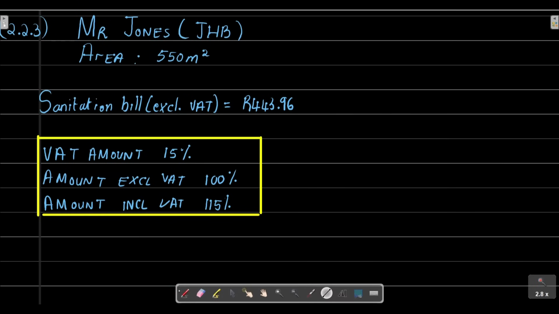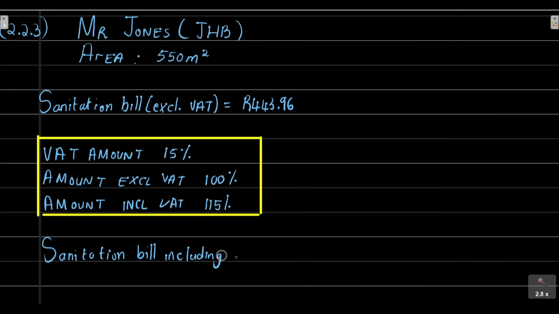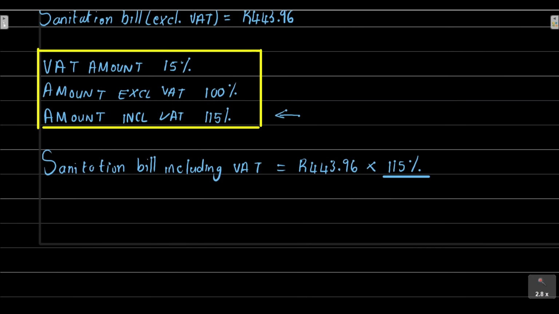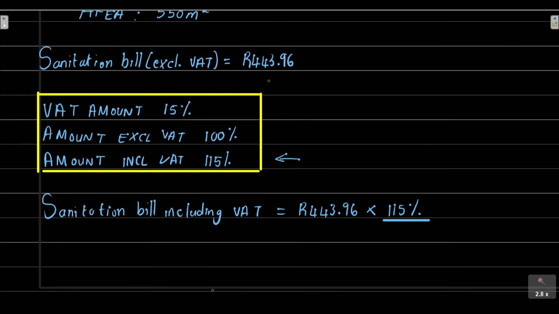Okay, so what do we do? Your sanitation bill including VAT will be 443 rand point 96 multiplied by what you want. You want your amount including VAT, so it's going to be multiplied by 115% divided by what you have. This amount of 443 rand point 96 cents represents an amount that is excluding VAT, which is 100%.